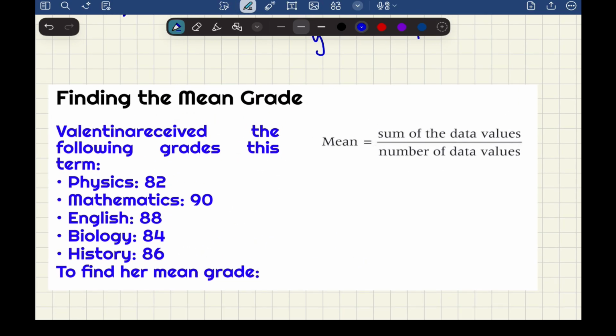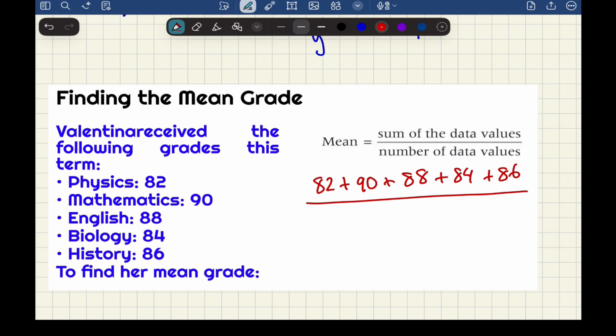This is super common. Okay, Valentina received the following grades. We have physics, mathematics, English, biology, history. So find her mean. Remember, it's the sum of values. So basically, it's something like this: 82 plus 90 plus 88 plus 84 plus 86 divided by the number of grades in this case.